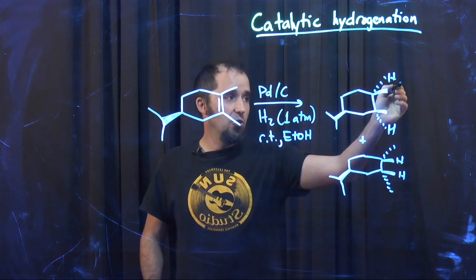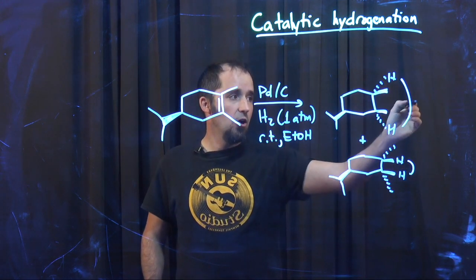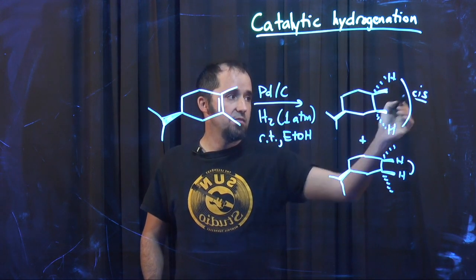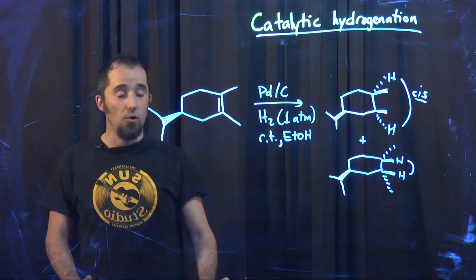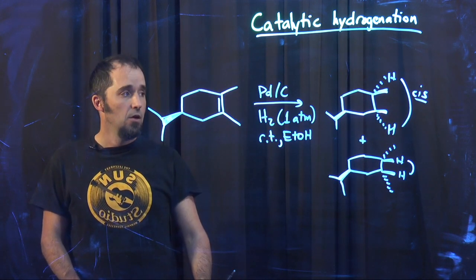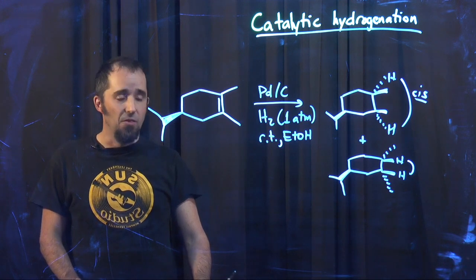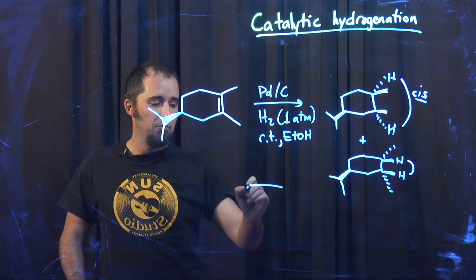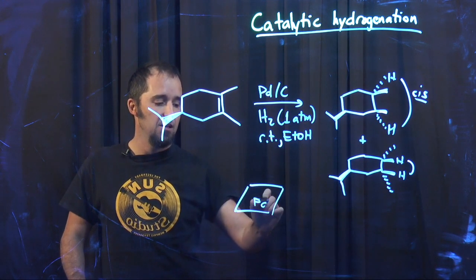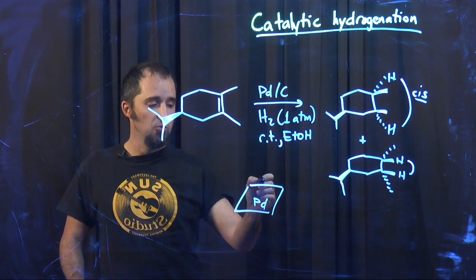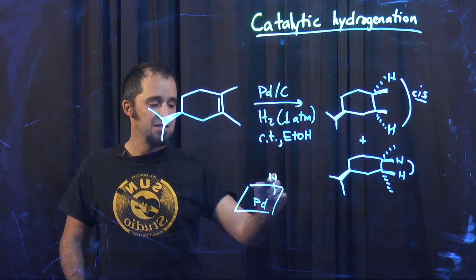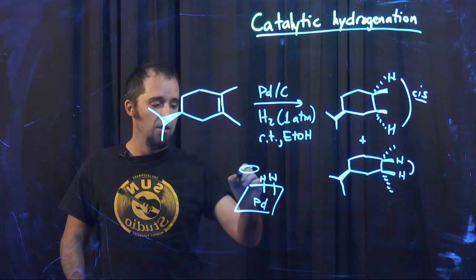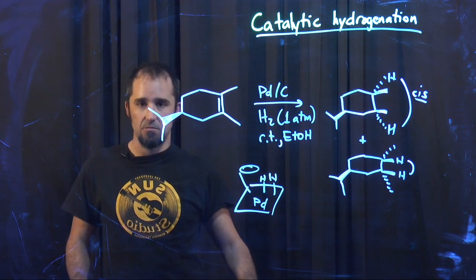One thing I'll note is that my hydrogens are almost always, a very high percentage, going to be cis to each other. Why is that? Remember, this is a reaction on a surface, right? So I've got my surface of palladium here, and my molecule is going to have to sit a certain way on that surface, all right?